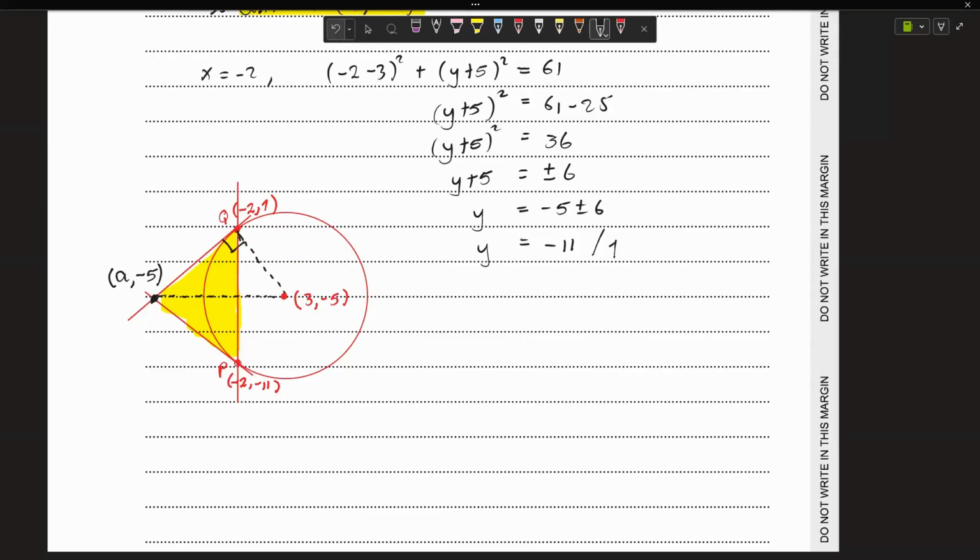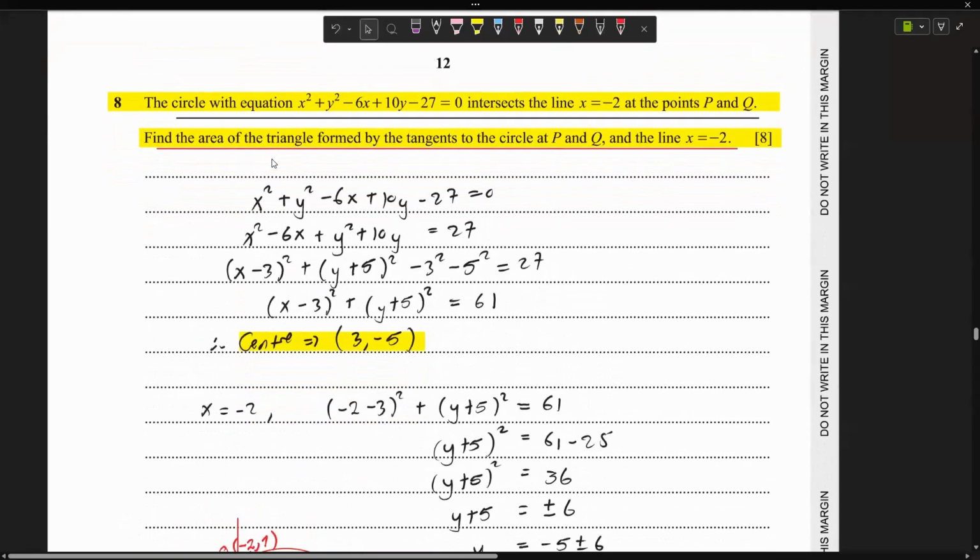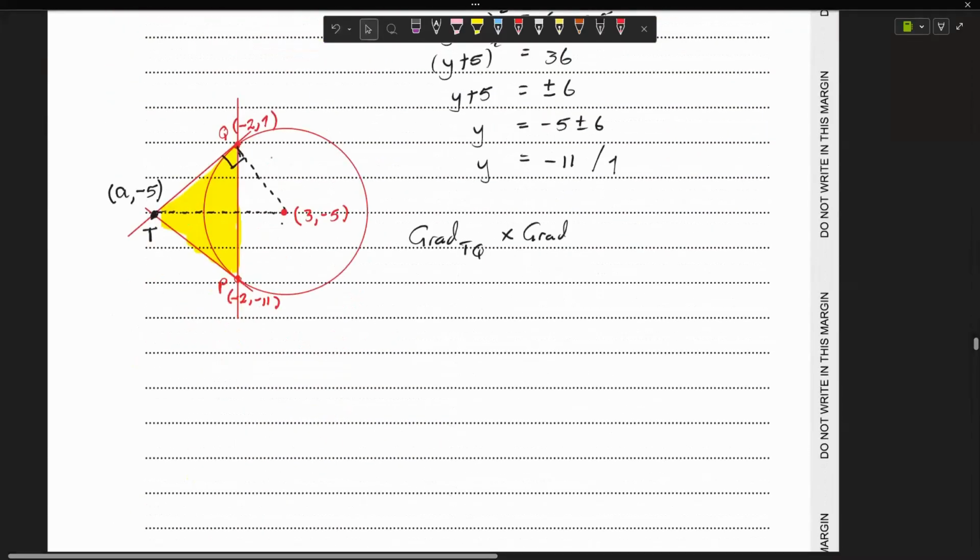And if I call the point of intersection here T, we know that the gradient of TQ times the gradient of CT, where C is the center of the circle, should be equal to -1, because those two are perpendicular.